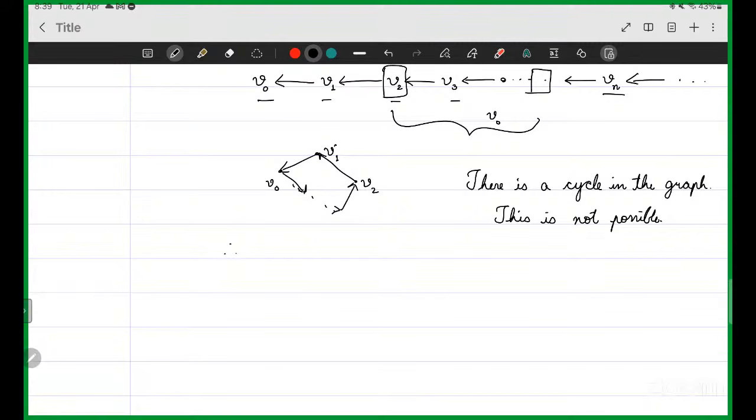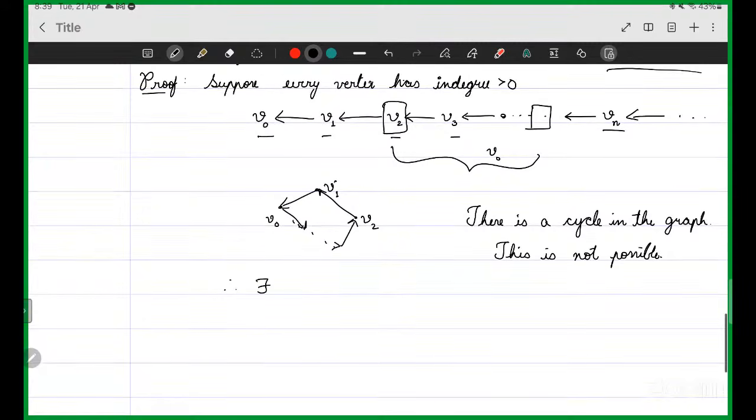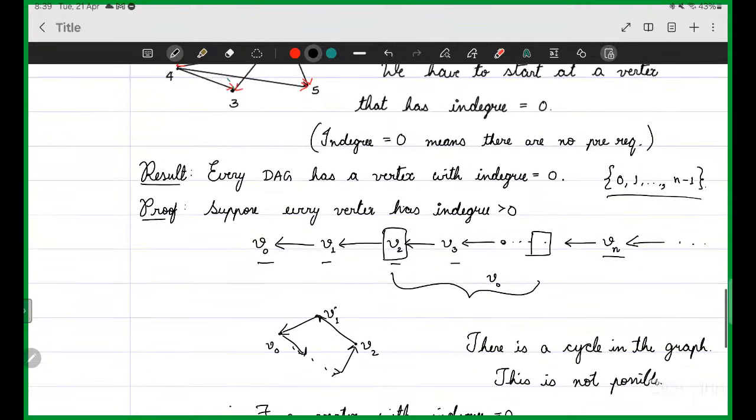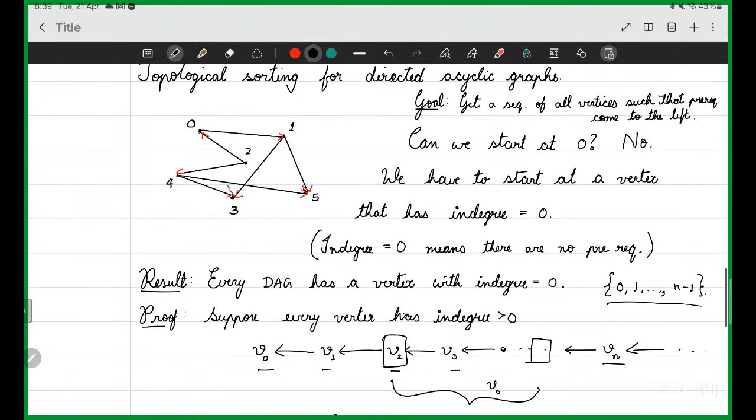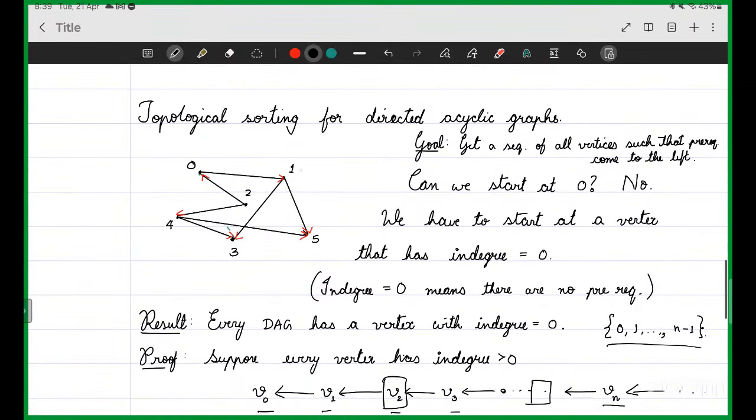Therefore, there exists, this is the symbol for there exists, a vertex with in degree equal to 0. So that solves our starting problem, where we started out with a particular graph, but in this case, when we looked at it, it is obvious that we have a vertex with in degree equal to 0, which is 2.